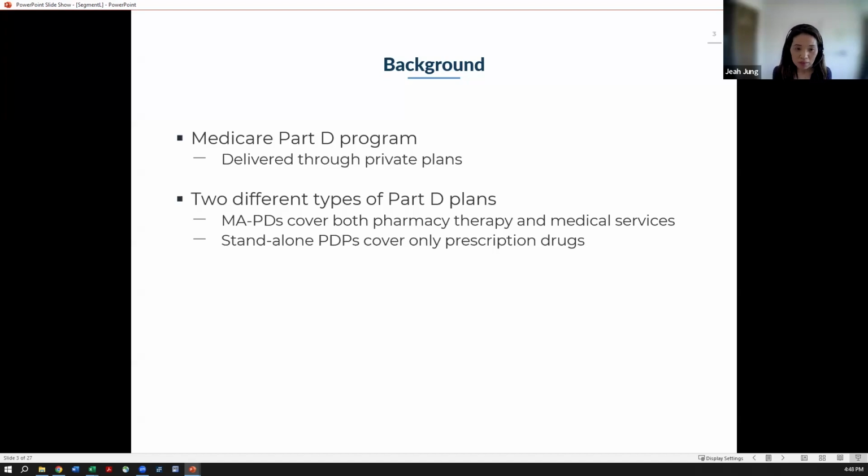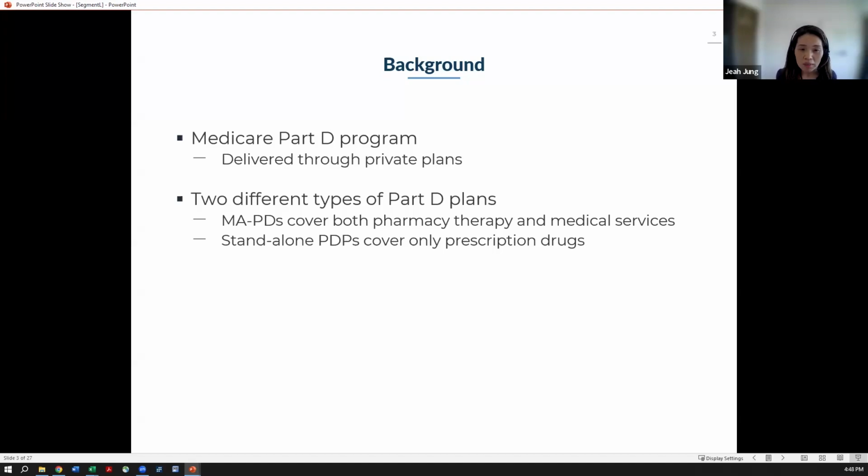Standalone PDPs are for beneficiaries who stay in the traditional Medicare program, and MAPDs are for those who chose Part C, or Medicare Advantage or managed care plans. MA plans are required, with very few exceptions, to provide Part D services, and that is what MAPDs are. So we are comparing these two types of plans.